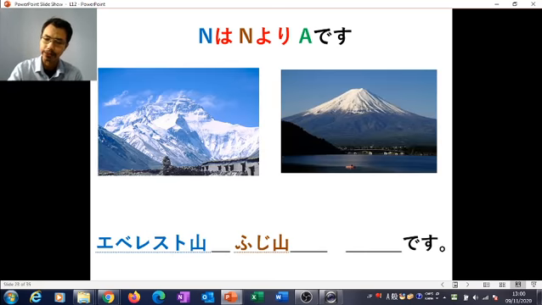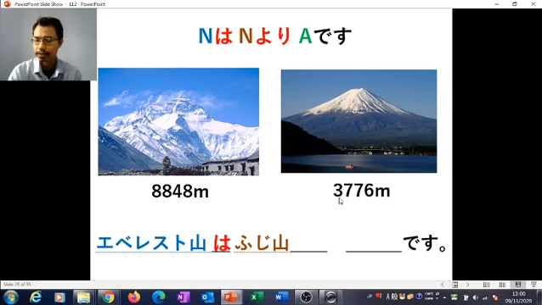Another example, if you want to make a comparison between Mount Everest and Fujisan, obviously Everest is much taller compared to Fujisan. Everest is the highest mountain, right? It is about 8,848 meters, but for Fujisan, the height is actually 3,776 meters. 8,848メートル、3,776メートル。Alright.